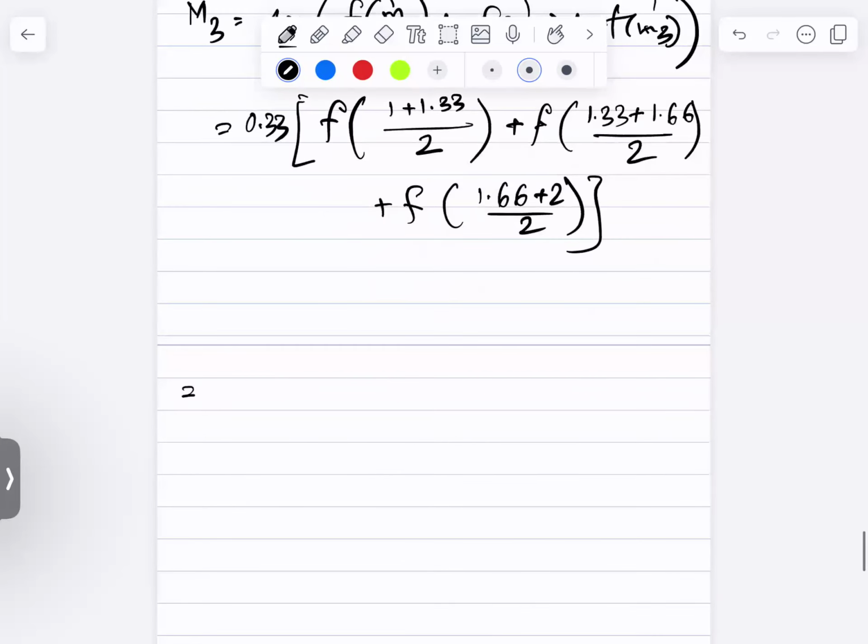Now, what is this? This is 0.33 times f of 2.33 over 2, right?